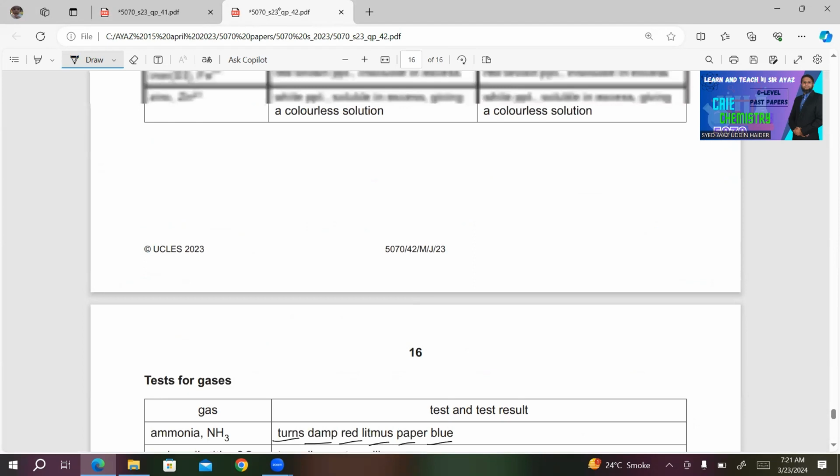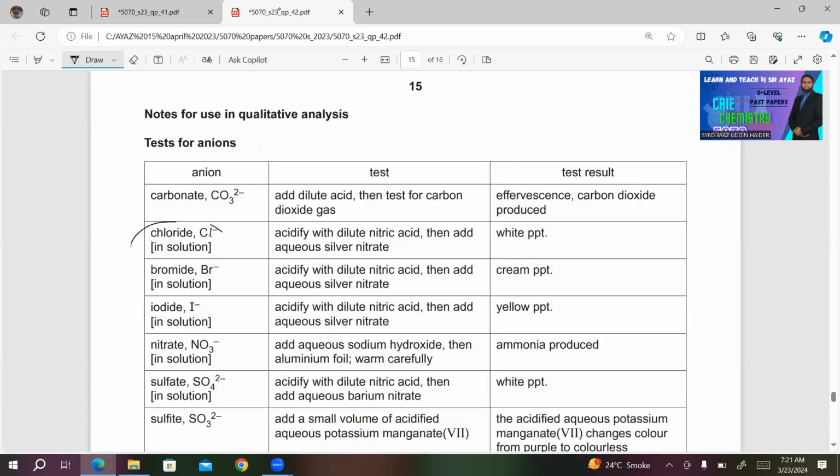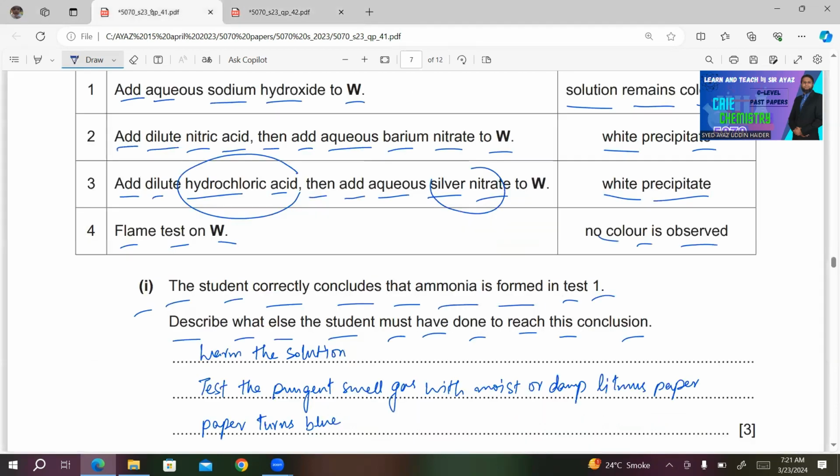Here's the test for chloride ion. This chloride ion will definitely give white precipitate with aqueous silver nitrate, but you should be acidifying the solution with dilute nitric acid, not with hydrochloric acid.